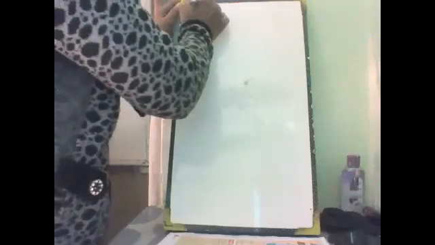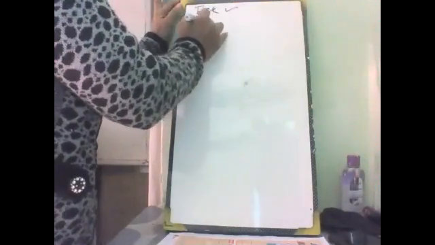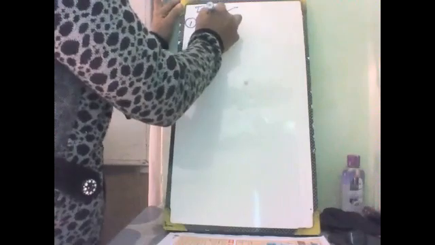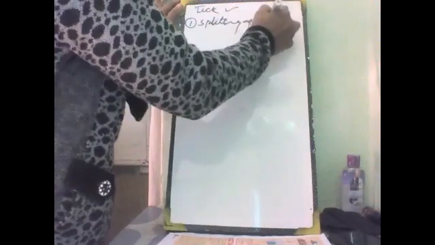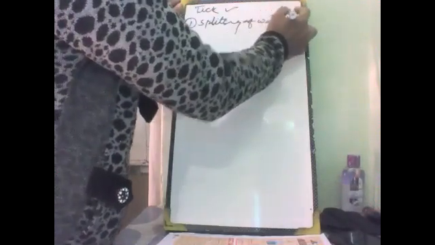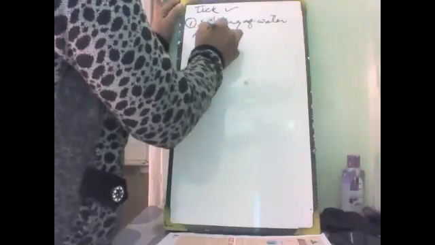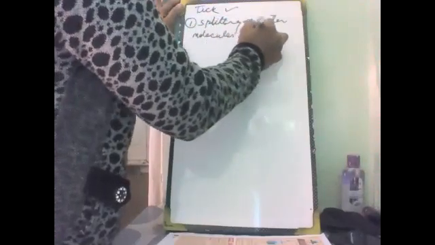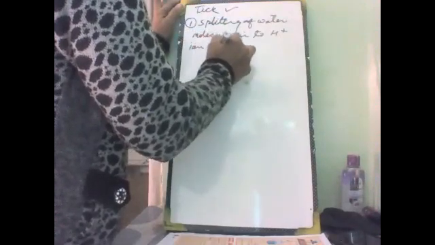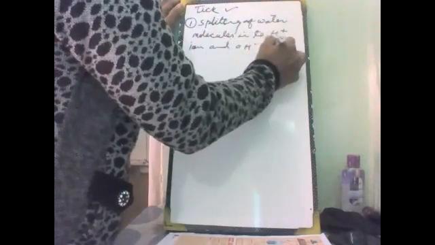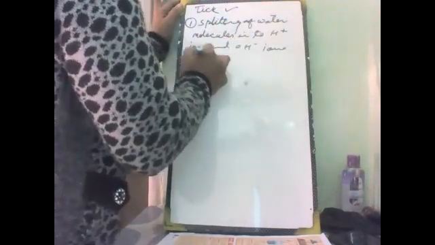The answer is B. Water splits into H plus ion and OH minus ion. The option is B.